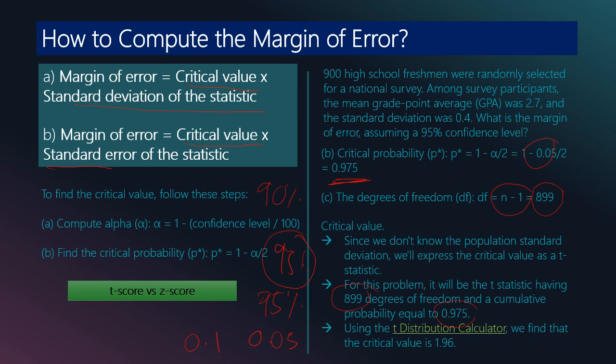Using this t distribution calculator, we find that the critical value is 1.96. Okay, ni antara data-data yang perlulah untuk nak menentukan margin of error.